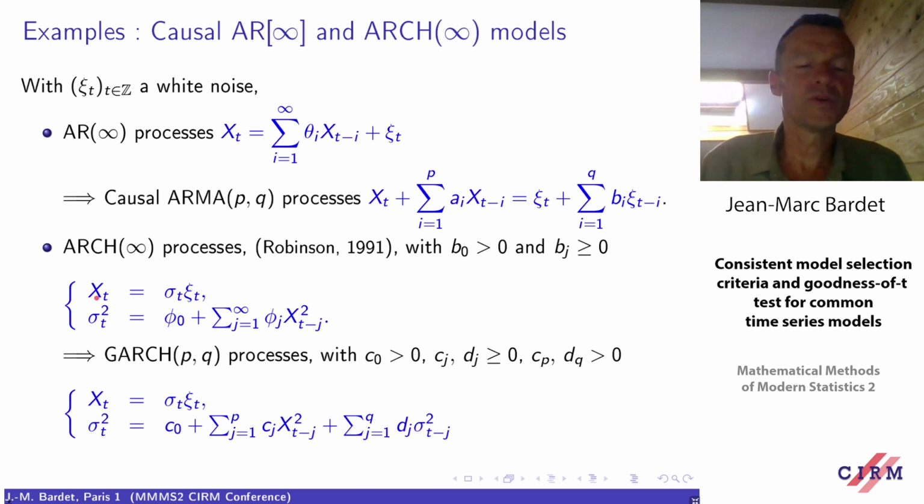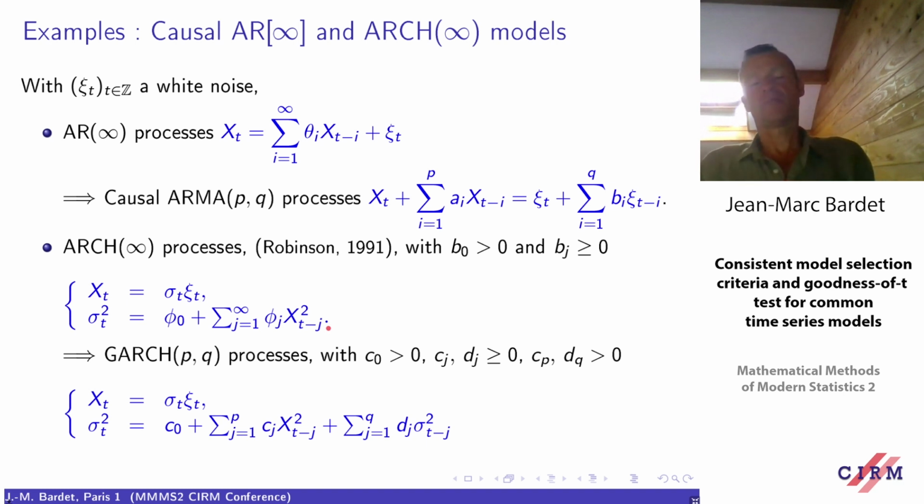And if we consider ARCH infinite processes, here we can write this like sigma t times ct, and sigma t we can use a square root of phi 0 plus etc. The infinite linear combination of the past values of the square of xt.